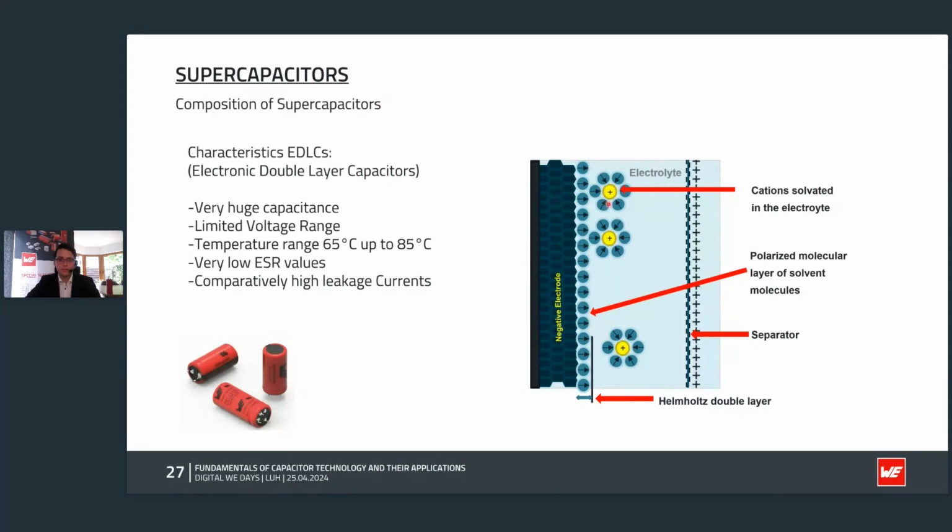Carbon has a very big surface and also a high conductivity. Between these cations and the negative electrode there's only a very small distance, the Helmholtz double layer, only several molecules. So you have a very small distance and a high surface in this capacitor, which in the end leads to a high capacitance.